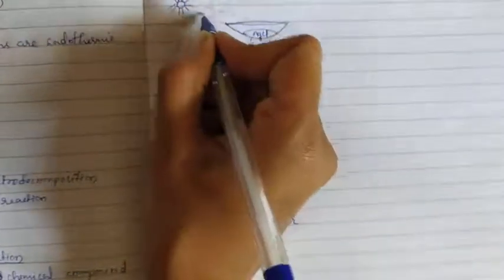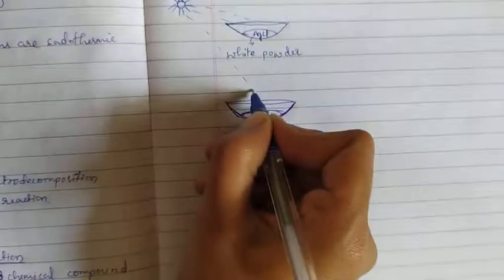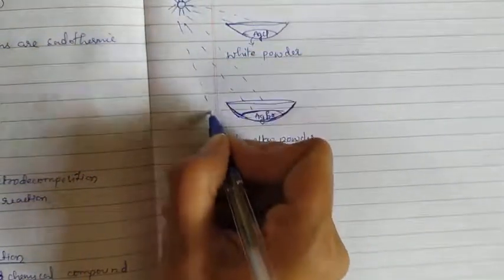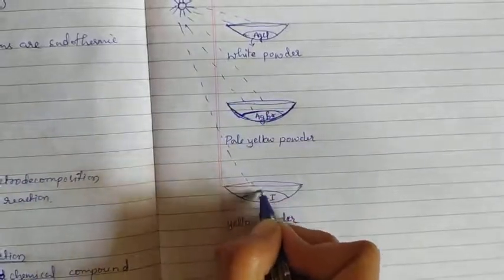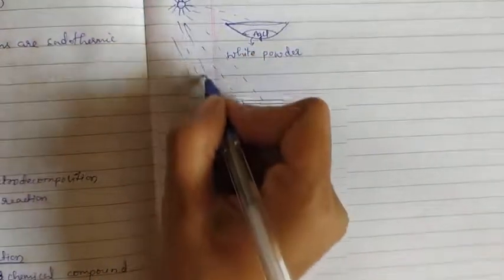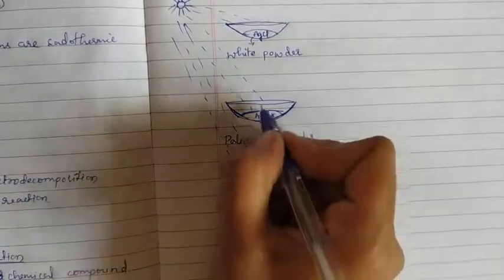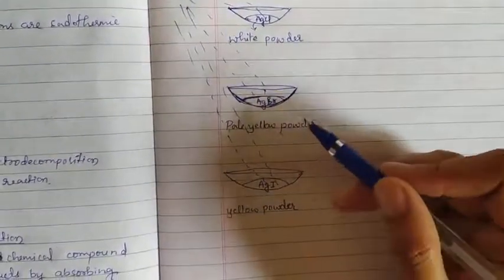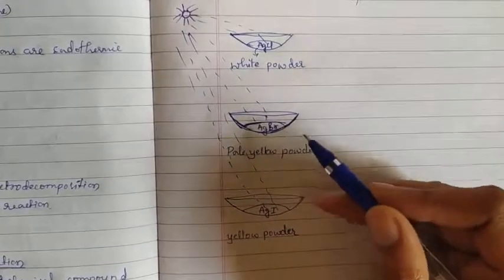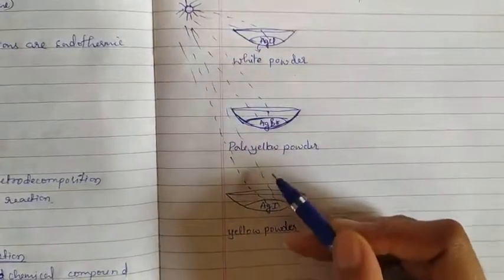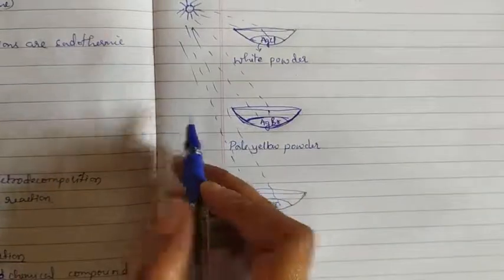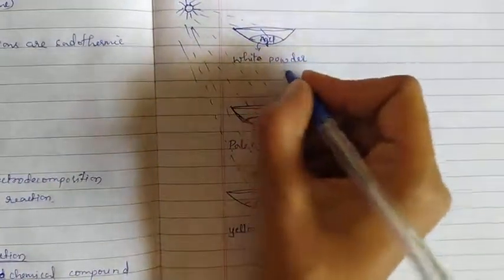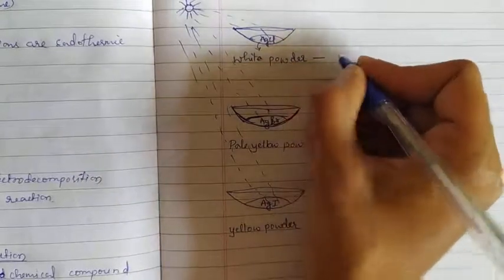When all these three compounds are exposed to the sunlight, the color of the silver chloride changes from white to gray.